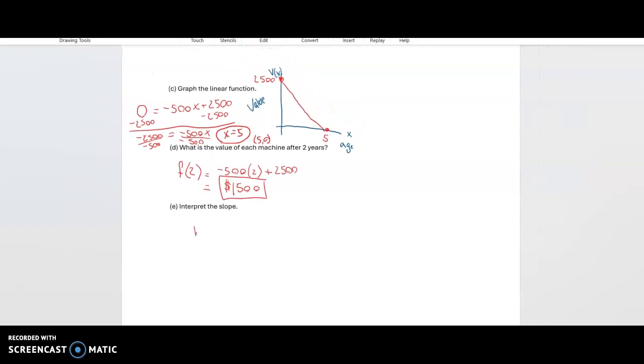The slope, m, is negative 500. So we can say that the machine, or each machine, loses $500 in value per year.